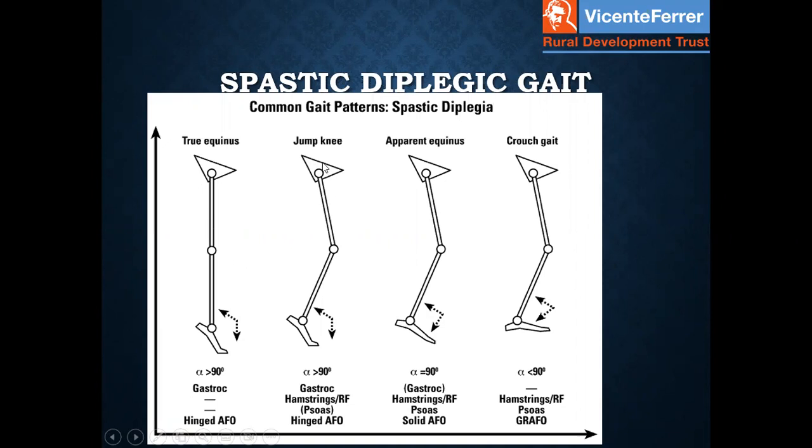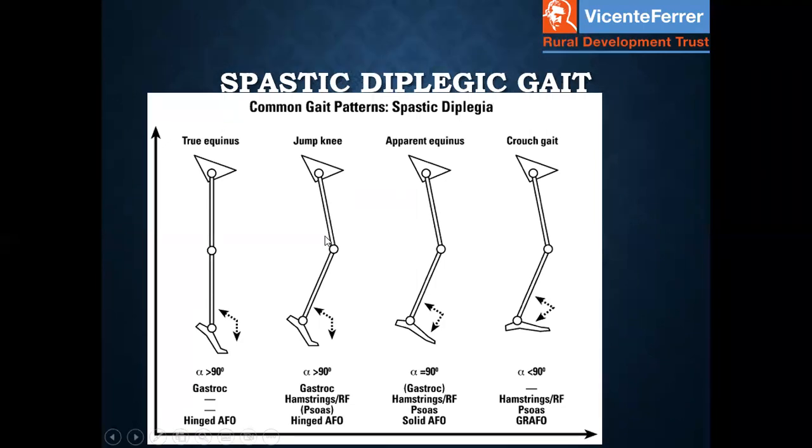Similarly, in jump knee, there will be associated hamstring contraction, along with a severe gastrosoleus contraction also. The angle between the dorsum of the foot and the lower leg will be more than 90 degrees. Apart from that, there will be flexion at the knee joint.